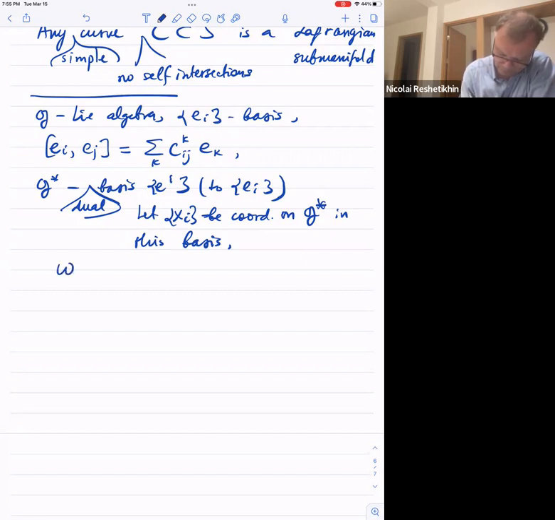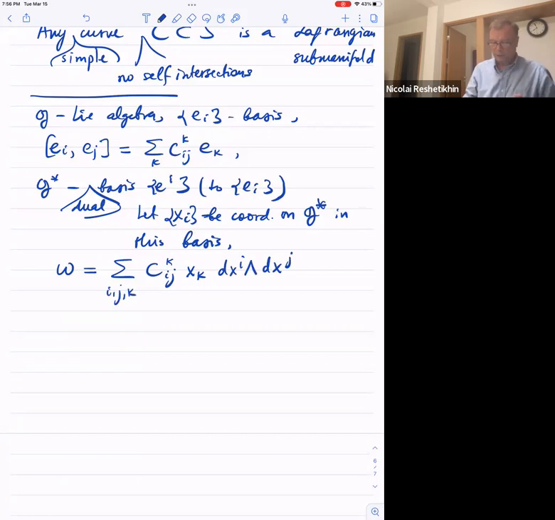So let me try to write it. Let's consider omega. Omega is a two form on G star. So it's the sum of C^k_ij xk dxi dxj, sum over i, j, k.